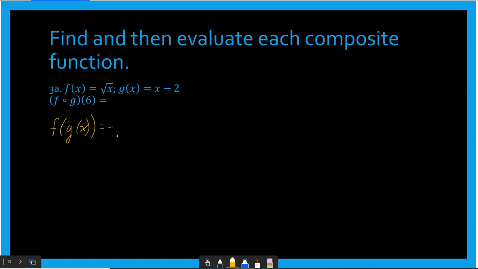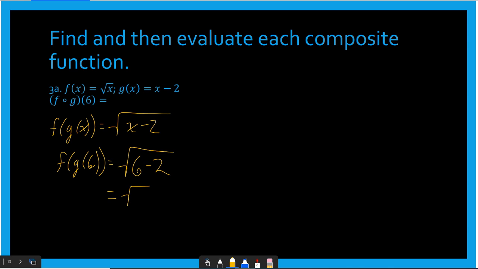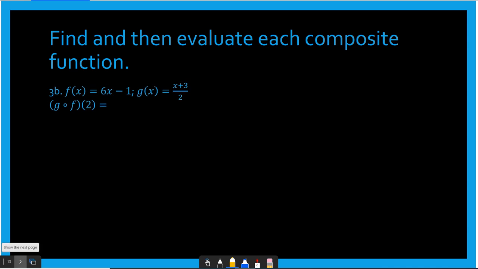So that means we have the square root of x minus 2. So when we are finding f of g of 6, we're going to substitute 6 minus 2 and then take the square root. So 6 minus 2 is 4, and the square root of 4 is 2. Alright, go ahead and try example B.